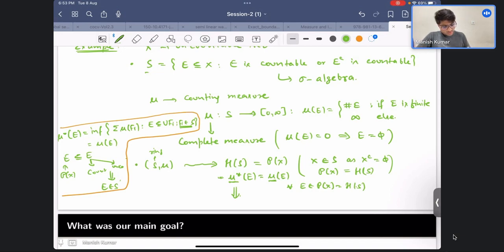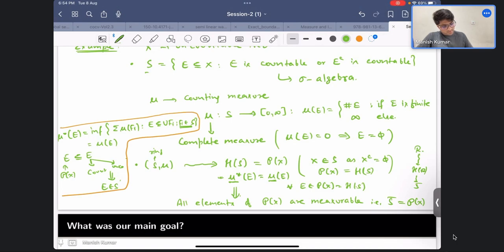So this implies that all elements of P of X are measurable, and that is the S bar. If you recall, when we started with this R, from there we get H of R and from there we get S bar. I mean the set of measurable sets is equal to P of X.